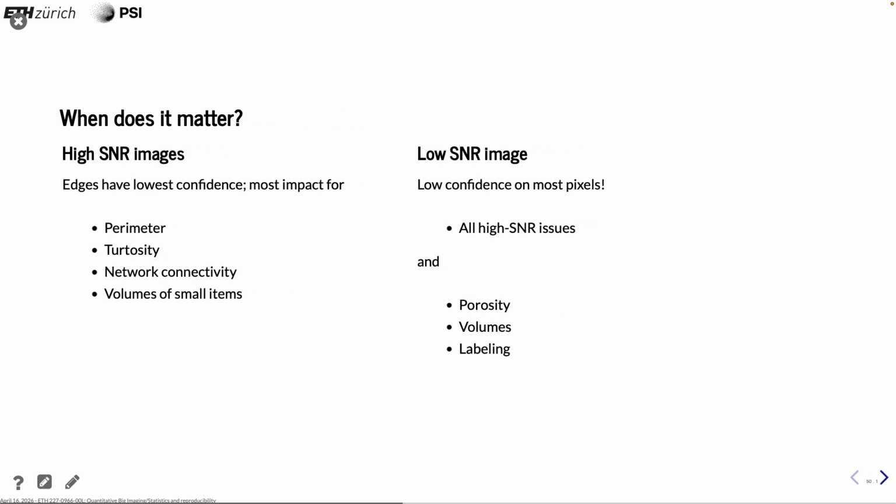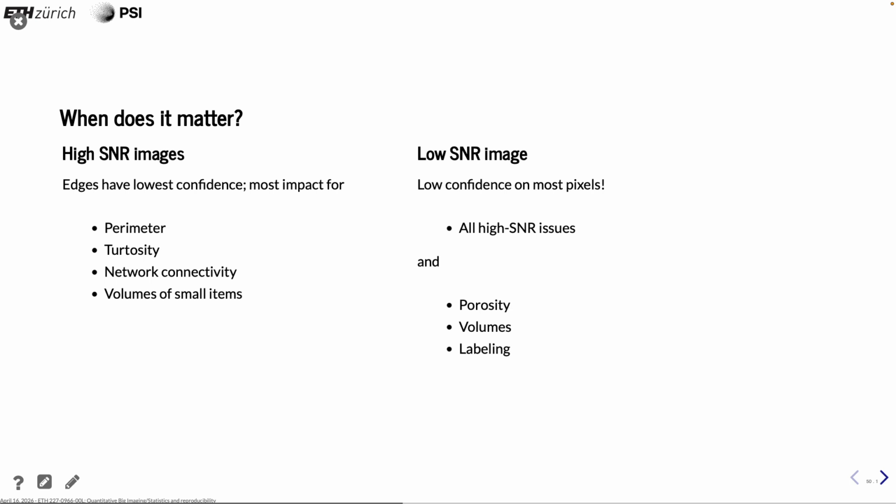So, when does it matter that we have these confidence maps? In high signal-to-noise ratio images, edges have the lowest confidence, and that has an impact for the parameter computations, tortuosity computations, also network connectivity, and also for the volume when you have very small items.